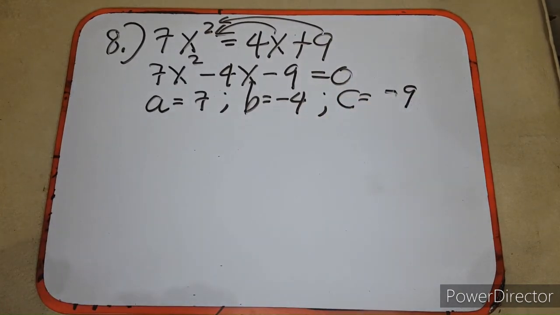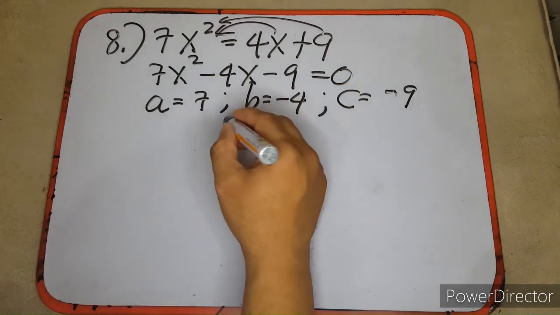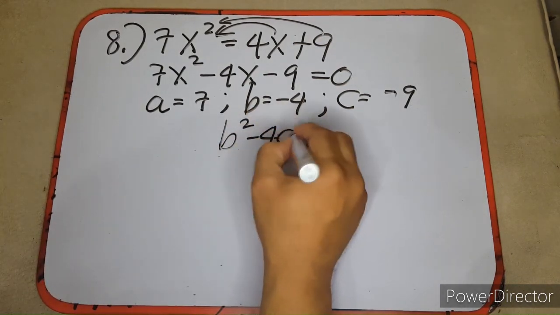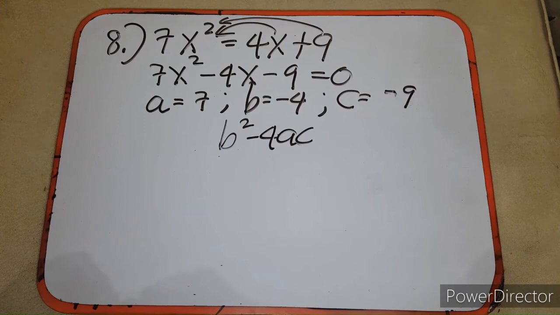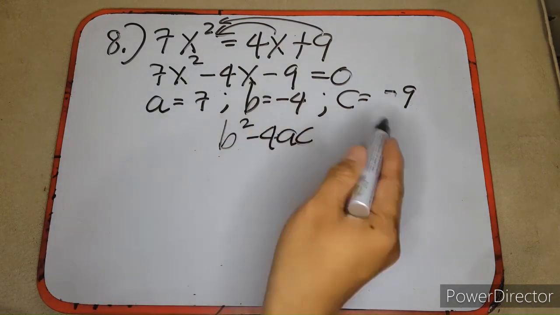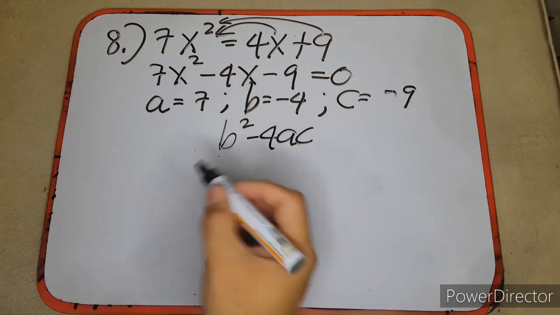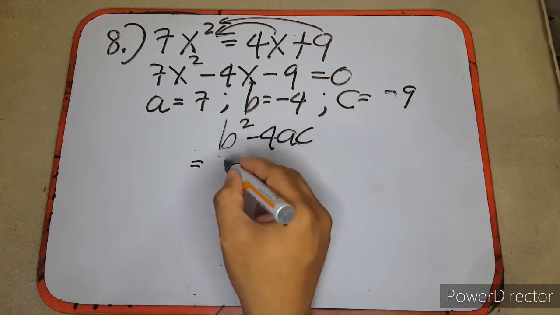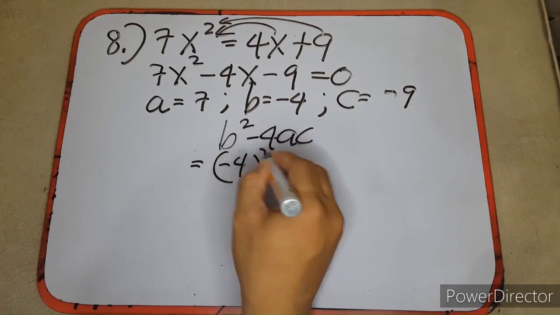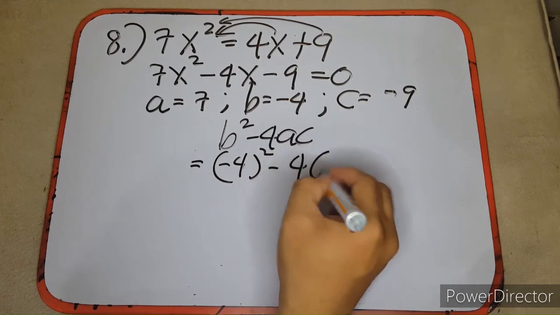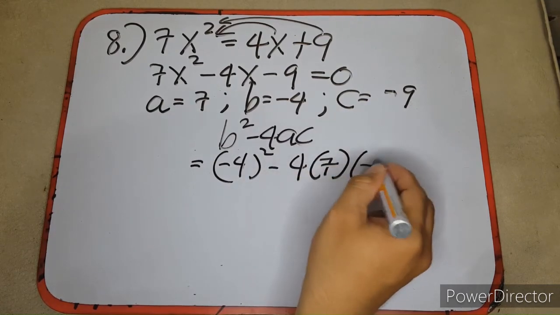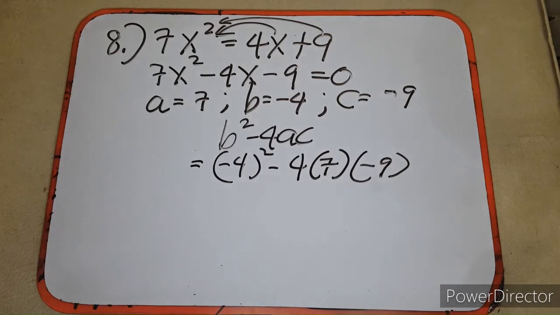Then using those values of a, b, and c, again, let's make use of the expression b squared minus 4ac, which is the expression for determining the discriminant. So, substitute a, b, and c to the expression. So, we'll come up with negative 4 squared minus 4 times 7 times negative 9.